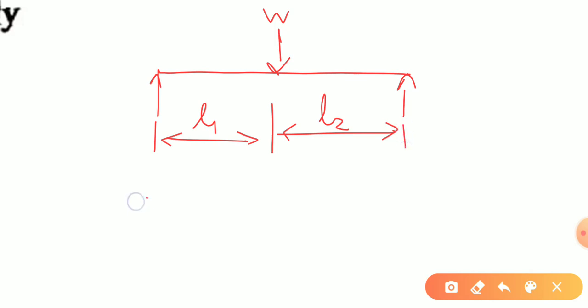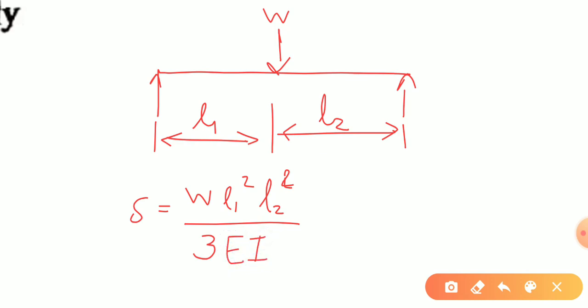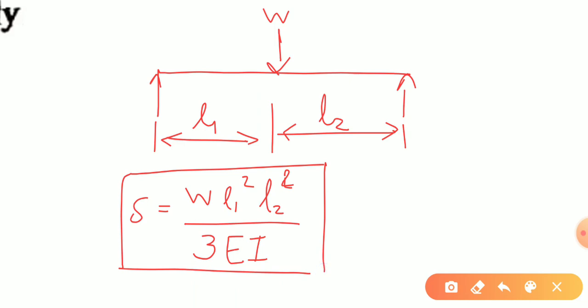What will be the deflection? Deflection will be equal to W L1 square L2 square divided by 3 EI. This is the equation of deflection for a point load on a simply supported beam.